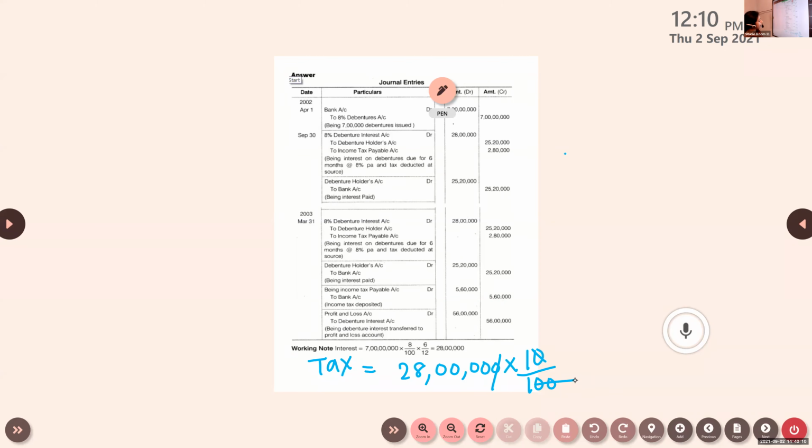Okay, so this is about interest on debentures.